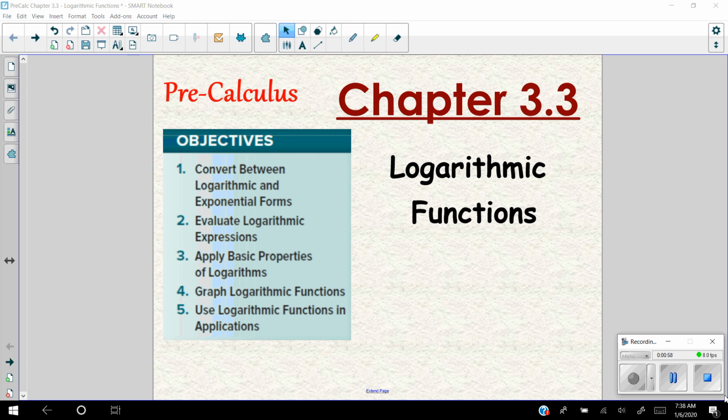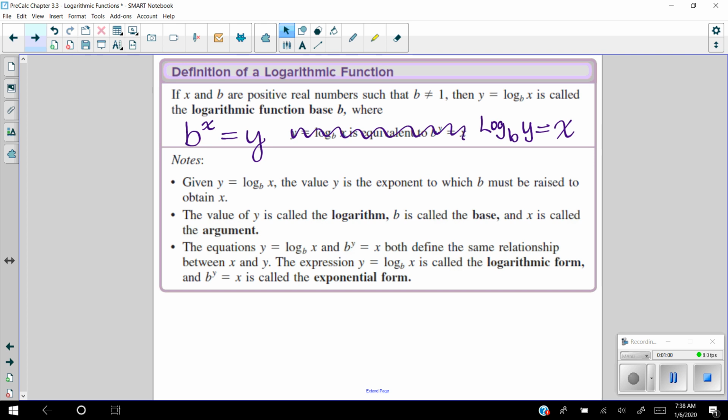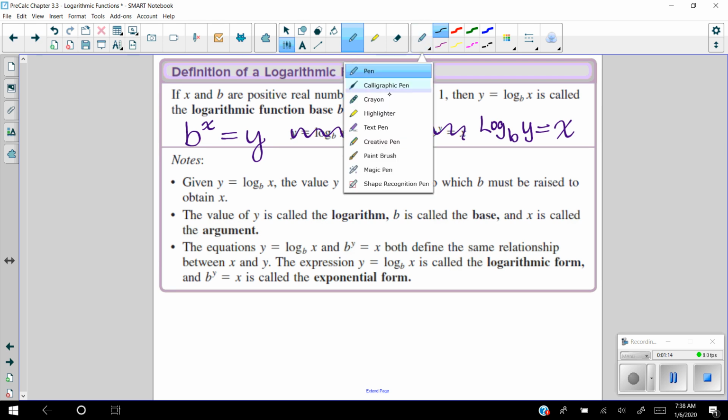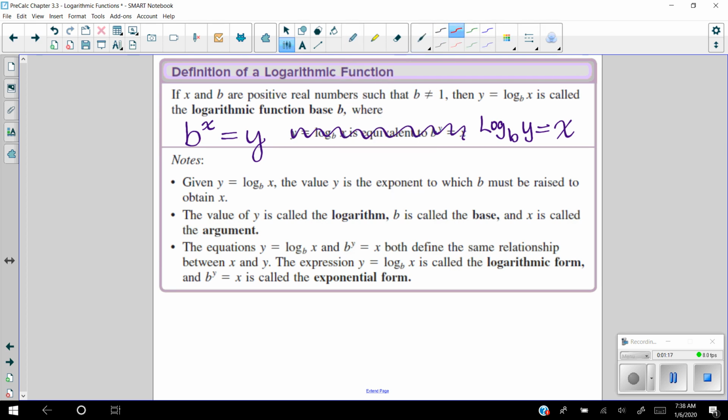So one of the first things we'll have to do with logarithms is be able to write exponential expressions in logarithmic form. Here on this page I have the two different forms, exponential and logarithmic. If your exponential form is a base raised to an exponent that equals some value, you can rewrite that into logarithmic form. Of course, you need to have a log.